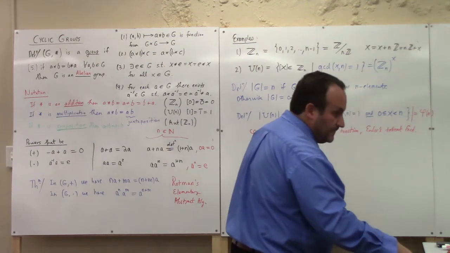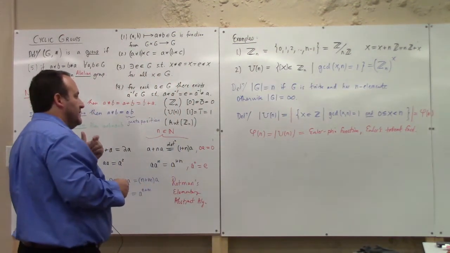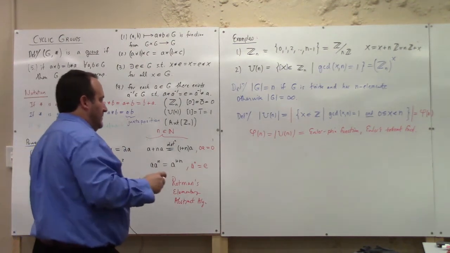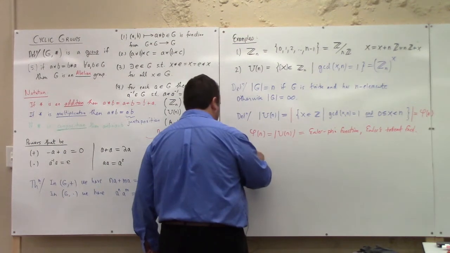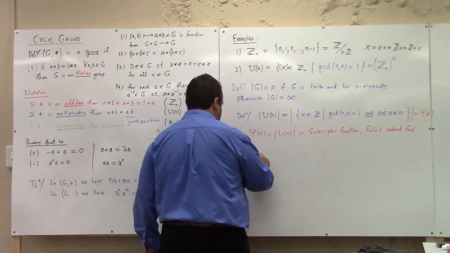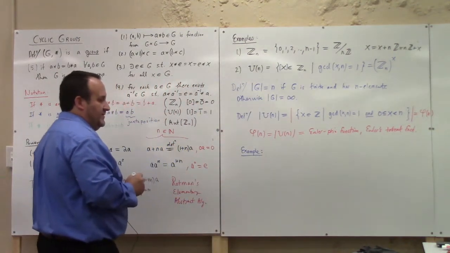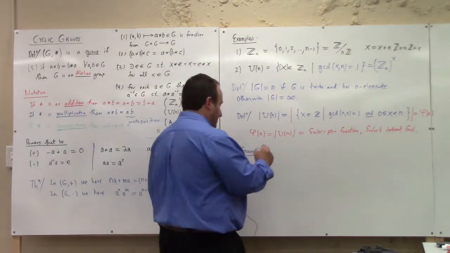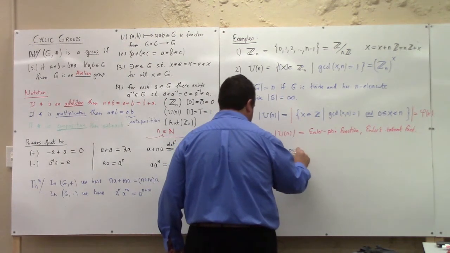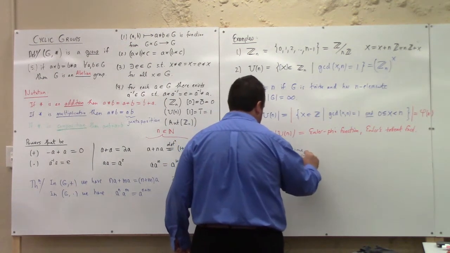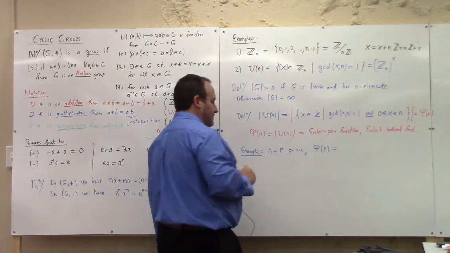All right. Now, some special cases. Example: what if n is prime? What's phi of p equal to?